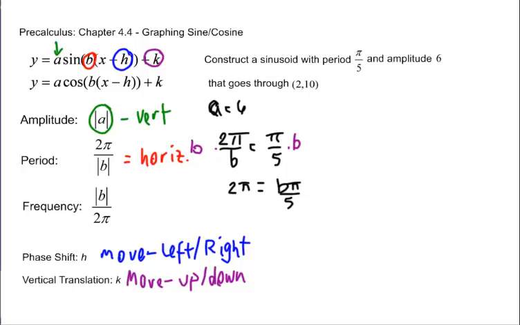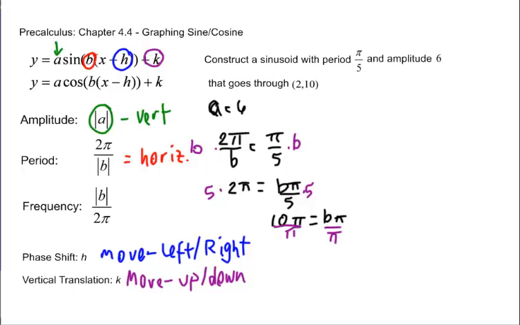I'm going to multiply both sides by 5, and that gets me 10 pi equals b pi. Guess what I'm going to divide by? You'll never guess. Pi. And so when I divide by pi, I've got b.